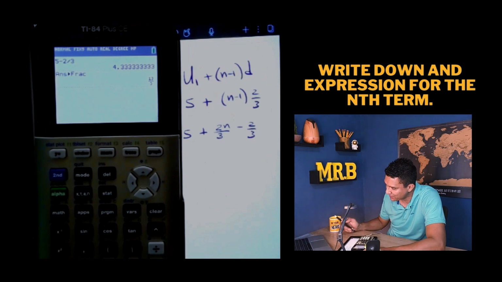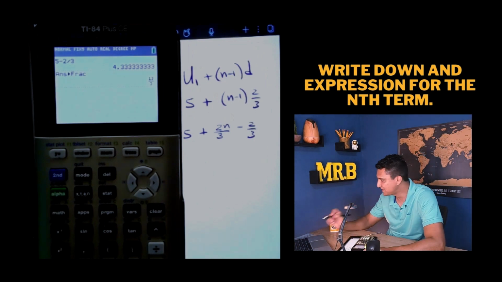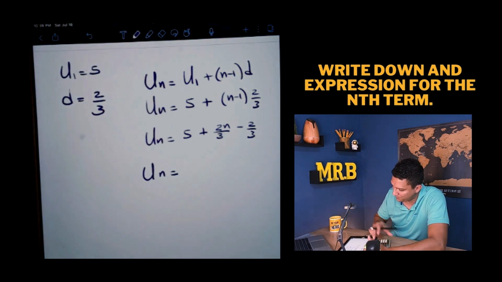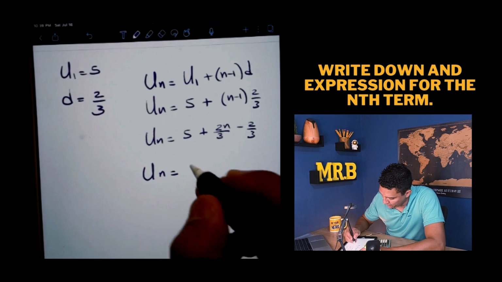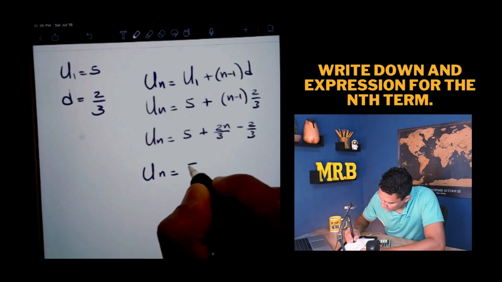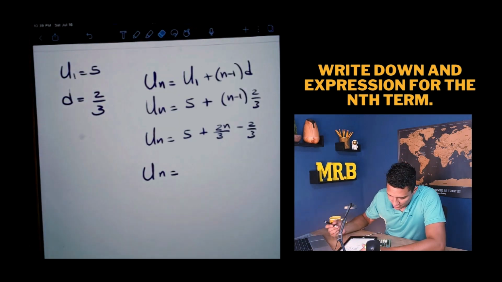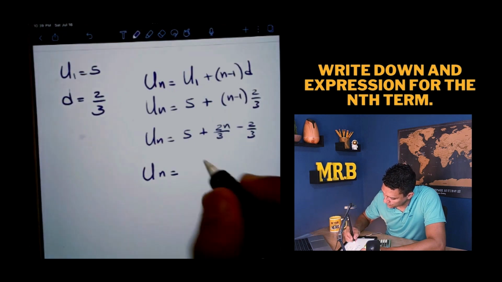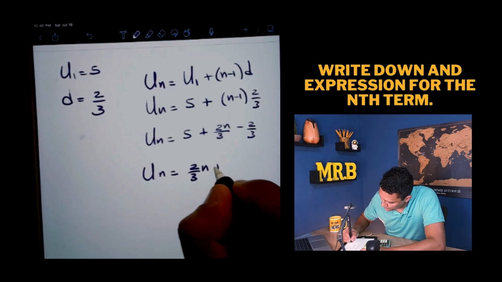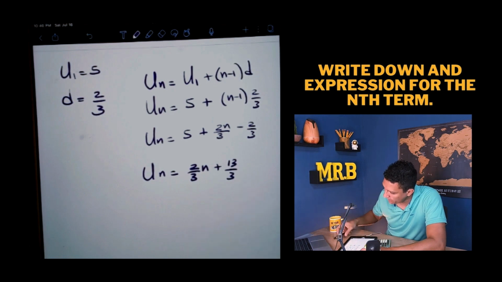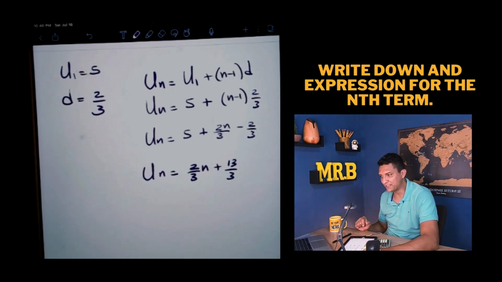I'm going to press enter, and notice that it says 13/3. It's a little bit blurry, but I think we can see that it is 13 thirds. Okay, so 2 thirds n plus 13 thirds. Okay, so I already found the general expression.